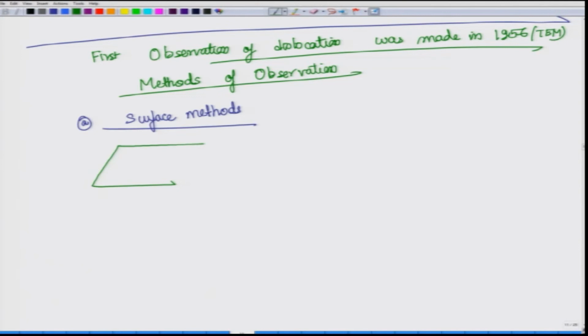So, what is this surface method? If you remember, in the dislocation core there is a lot of energy, and also a lot of strain in the system. So, if there is a lot of strain and you etch the material there, what do you expect? Let me again, as usual, draw an edge dislocation terminating on the surface.